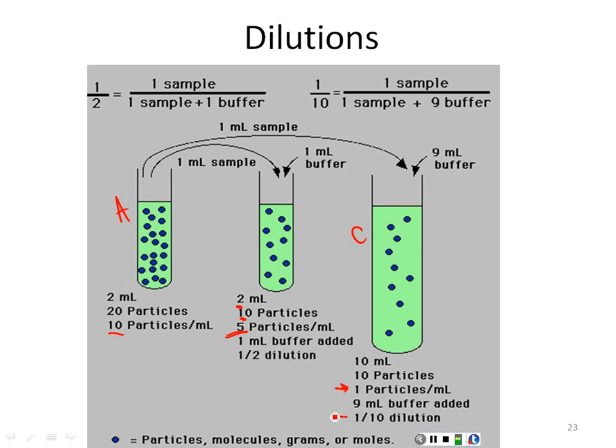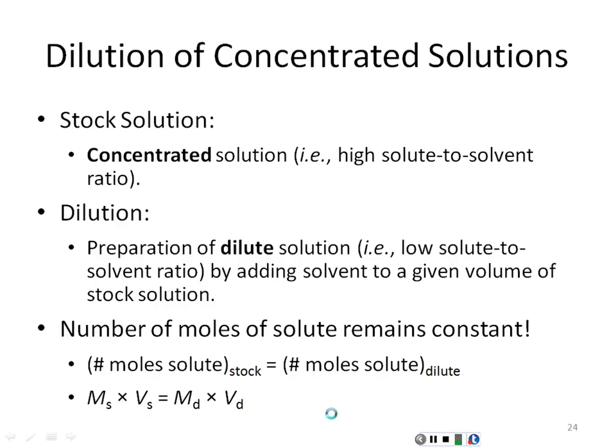And particles, they can be physical particles, they could be molecules, grams, or moles. So you can think of those blue circles as grams or as moles. It works the same. When we look at dilution in a lab, the definition of a stock solution generally is a concentrated solution.